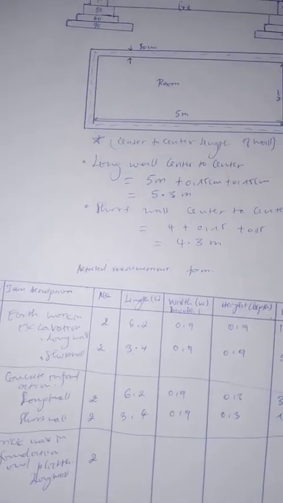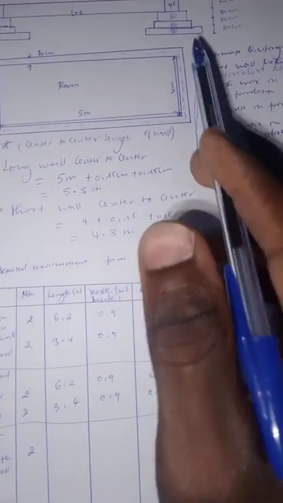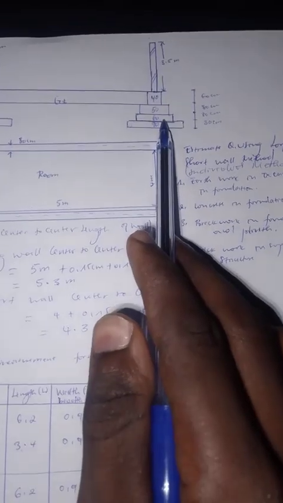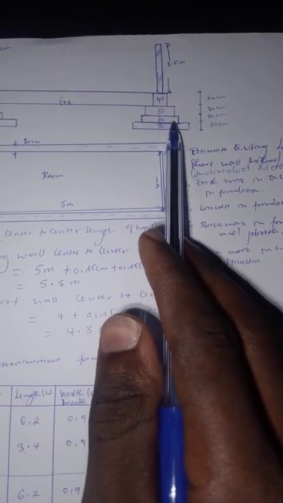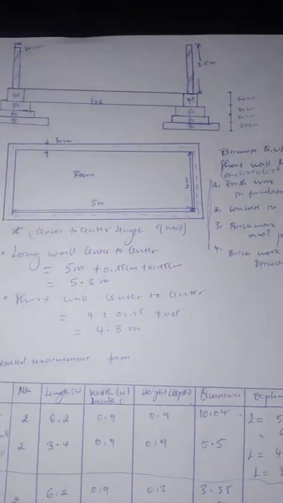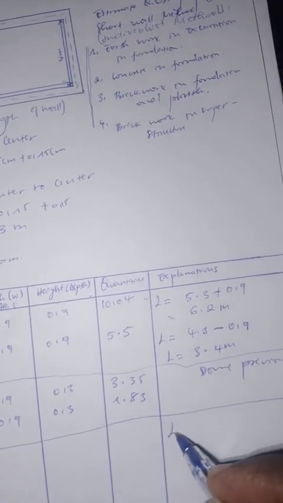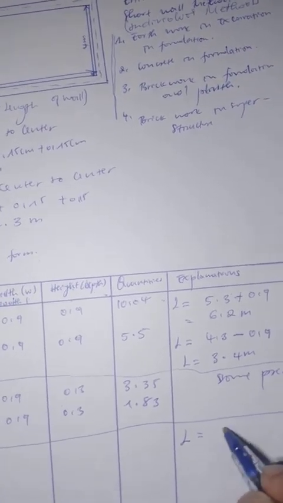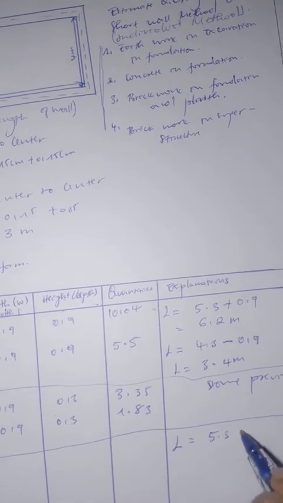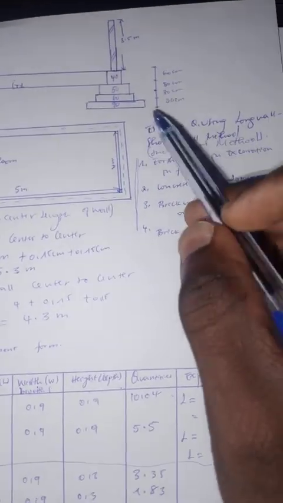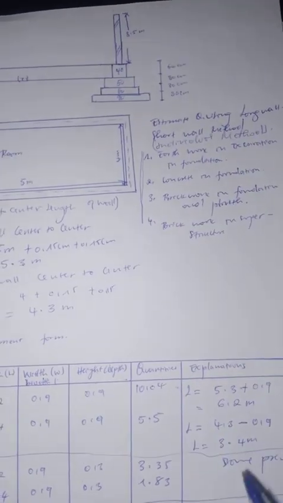Then the length must be changed because we start the other step. We move to the other step, 30 in width. Here the length for long wall is equal to 5.3, plus the whole width of that step, 0.6.